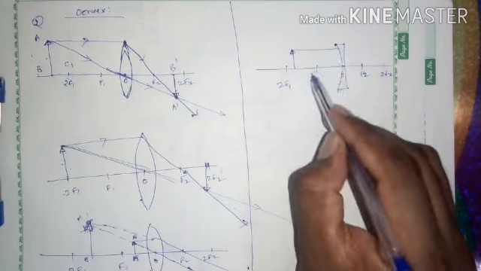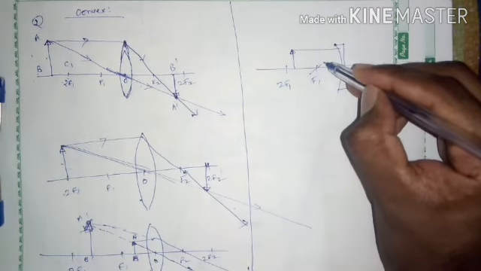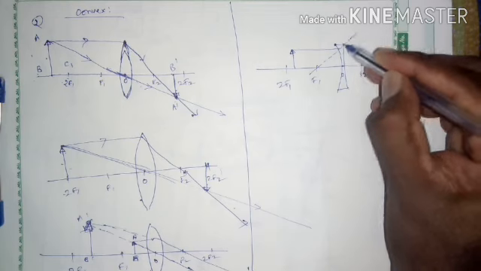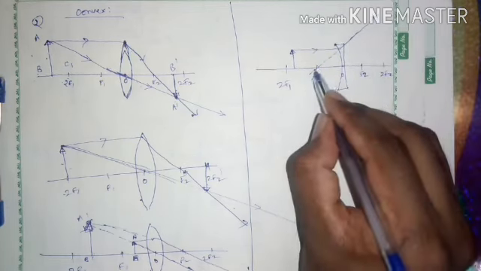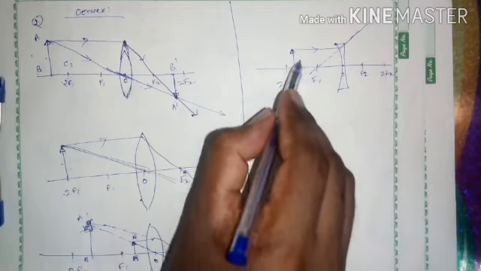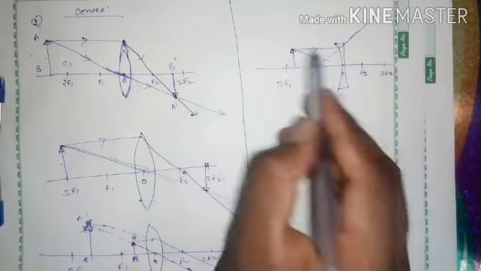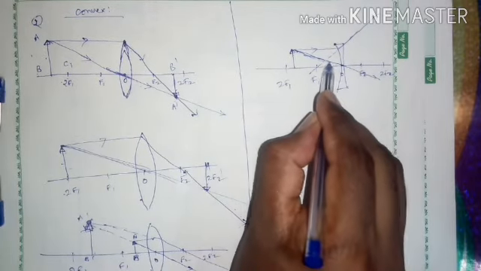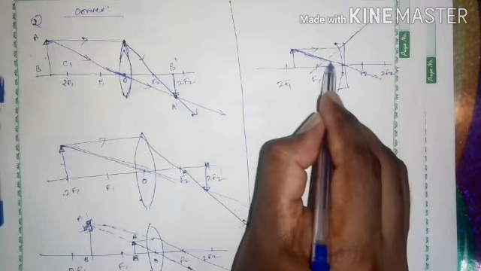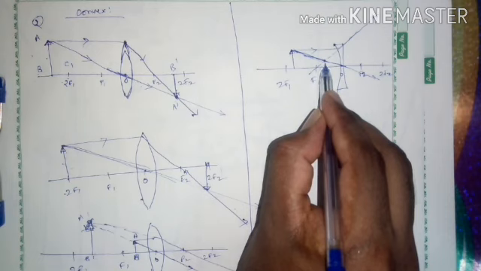The ray parallel to the axis emerges out and appears to diverge from the focus. This is the convention. The first ray, then the second ray passes through the optical center, and you draw it like this. Then extend the same line backward, and the meeting point will be the image.